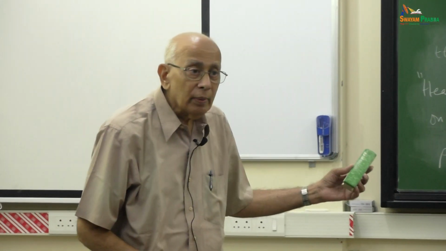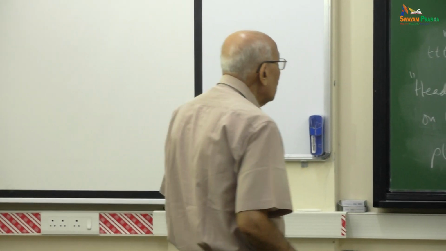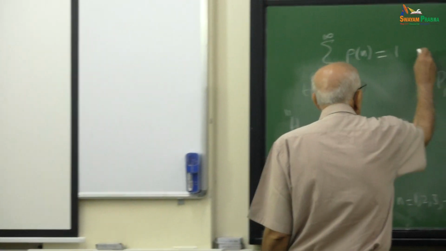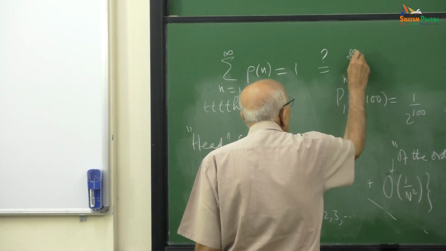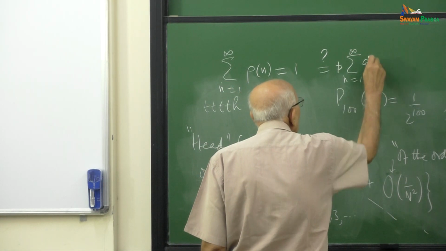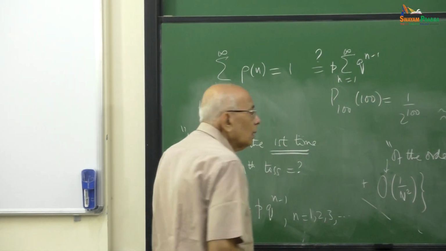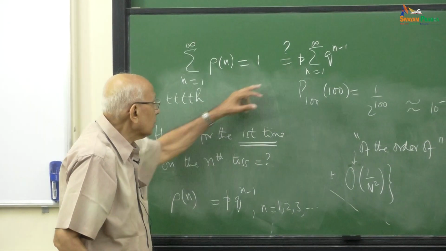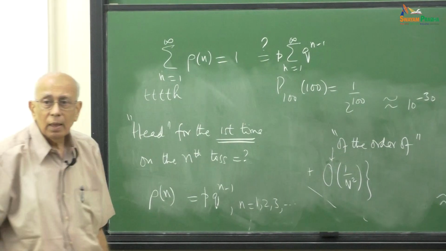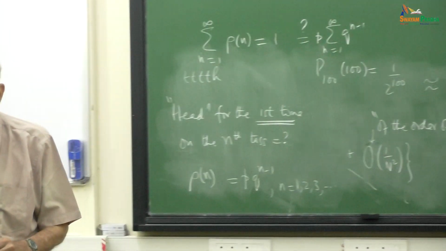Is this true, by the way? P is a factor which appears in every term, so it comes out of the summation, and then you have to sum from n equal to 1 to infinity q power n minus 1. What's the value of that sum?